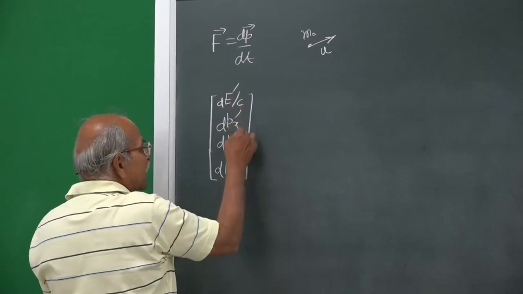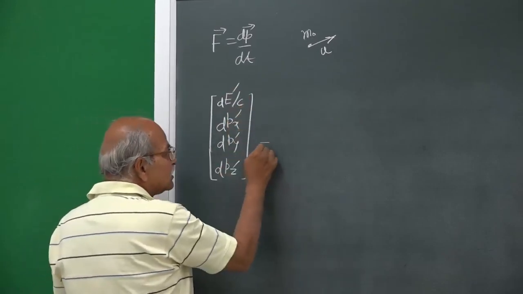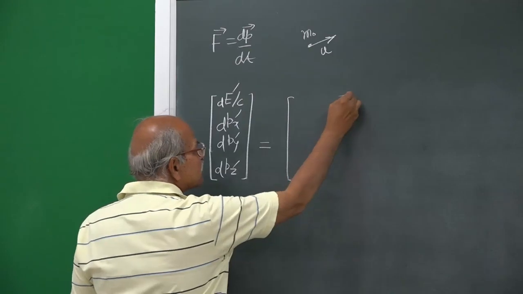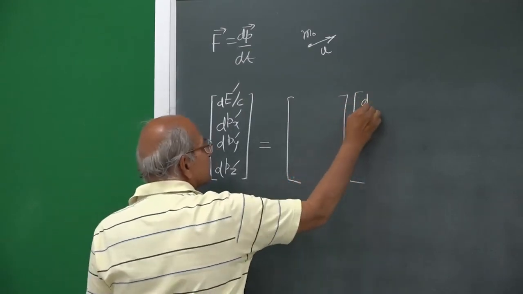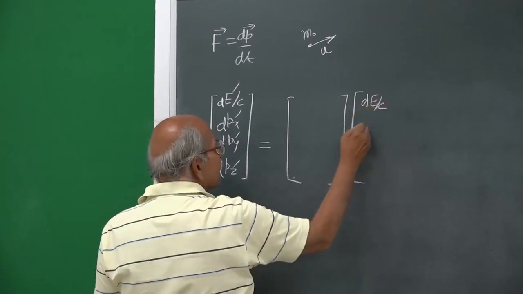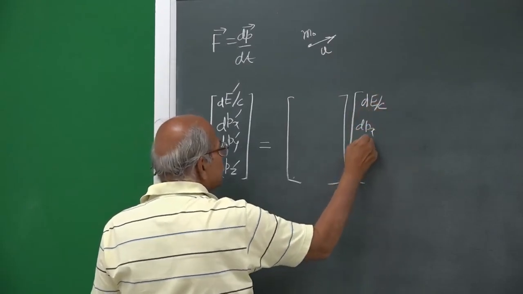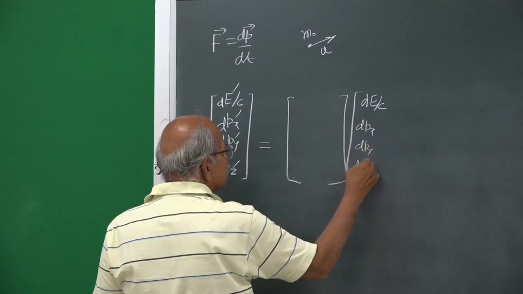So, in the primed frame, if this is the value, you will have the same Lorentz transformation matrix, and here it will be dE by C and then dpx, dpy and dpz.